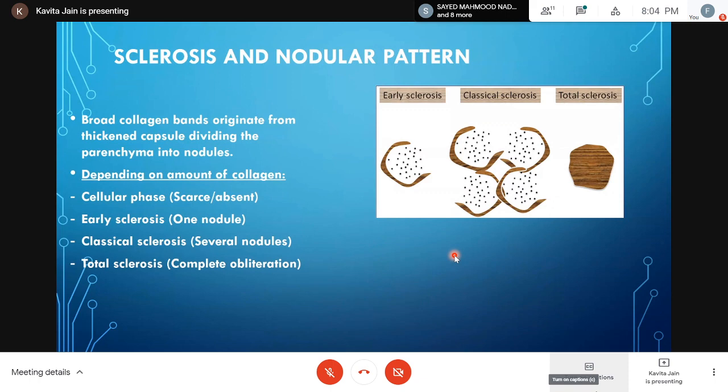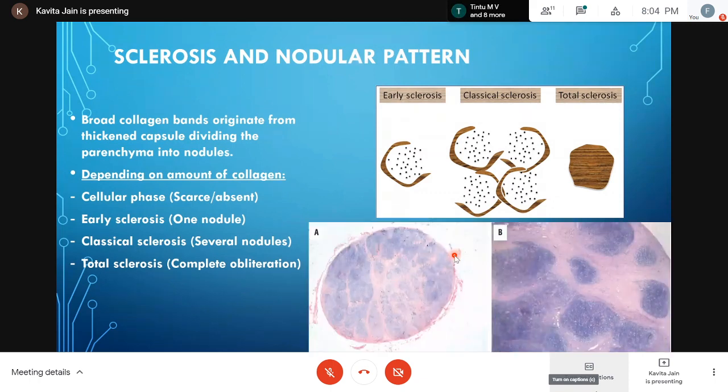Now, this is just for extra information or easy recognition. If you can see here, this is a lymph node at low power, where we have the nodules divided by the collagen bands. And this is the intermediate power, which shows us the nodules. However, we cannot see any germinal centers, and we have the collagen bands.